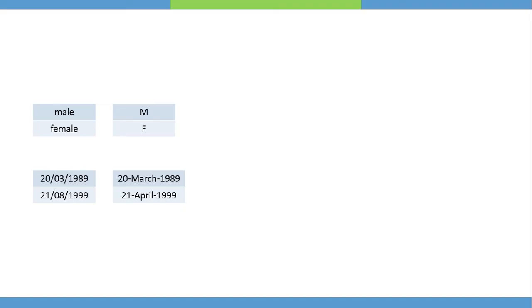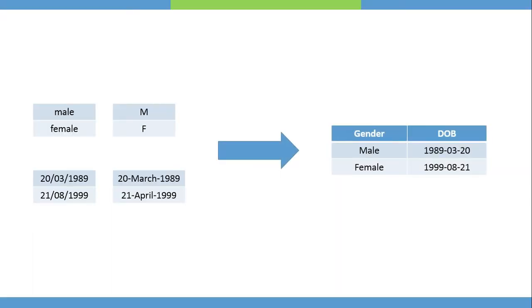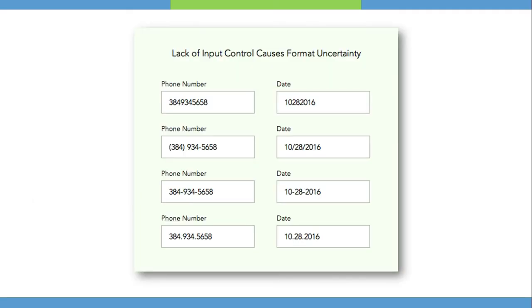Some of them are going to have only M capital, some have only m small letter. And similarly date, it comes in different formats. So in the data warehouse we need to consolidate it and we need to standardize it before inserting. For example, male, M as the capital letter and then the rest, and then we have date of birth also being standardized. So we need to make sure we standardize everything before loading data into the data warehouse.